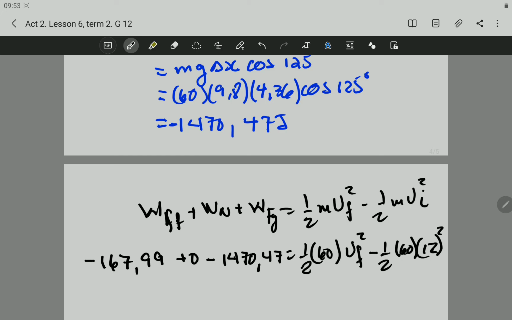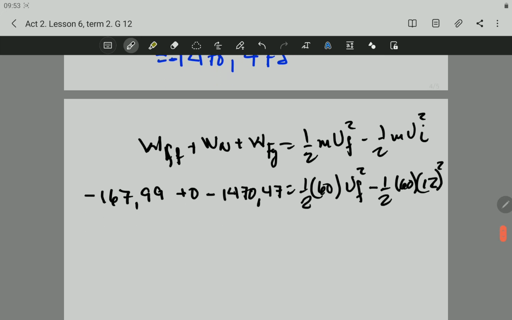Now we are here in just simple maths that you can do in the calculator. I don't want to make this video very long because these calculations are quite simple. You just add these two because both of them are negative, and you will get negative 1,638,46, because you keep the sign.